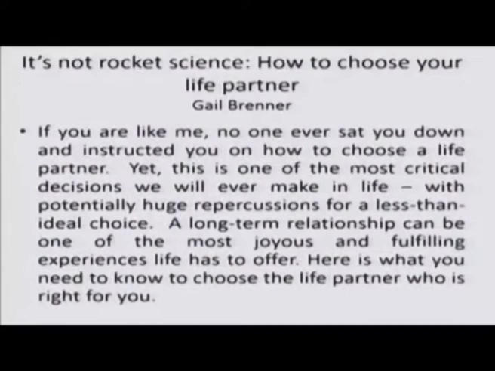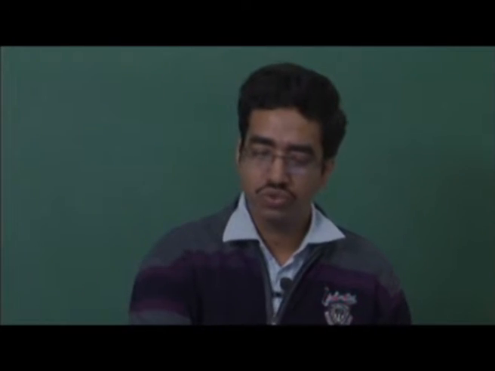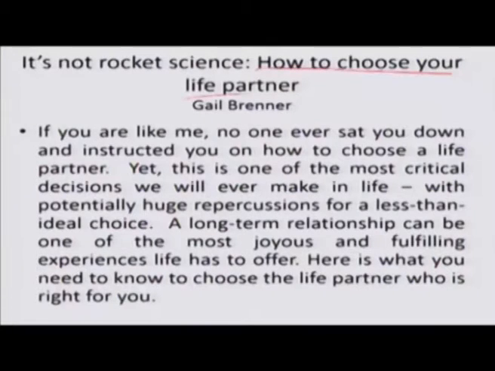So, here let us go back to the beginning of this. This is just an extract from this long article. As is clear, the writer here is talking about how to choose your life partner, and the writer has some advice for that.